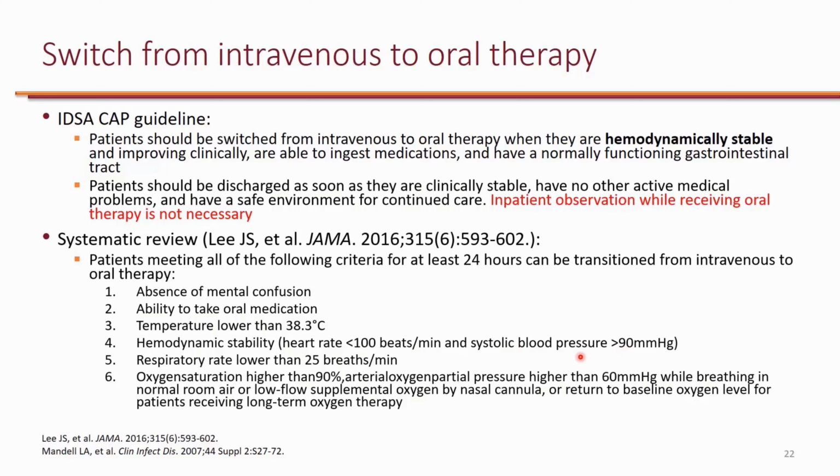This is without using pressors. So, without using norepinephrine, the blood pressure should be greater than 90. Another criteria is respiratory rate lower than 25 and oxygen saturation higher than 90%.